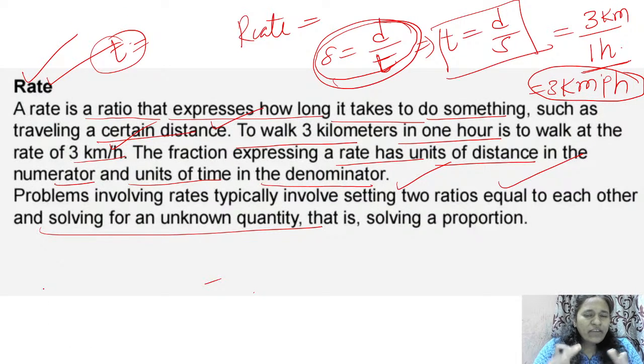There is a need of equating two equations. Then we will find some distance and time. They will give different distances and only one time. They will give one time and two distances. We have to find the other time. Like that, we have to compare the equations and find the unknown value.